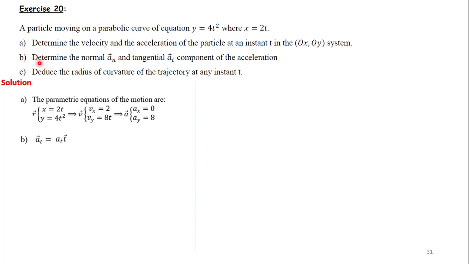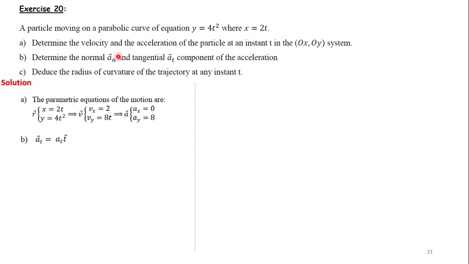Question B. Determine the normal an and tangential at components of the acceleration vector. So we need to find an and at. Now to find an, we have mainly two methods.